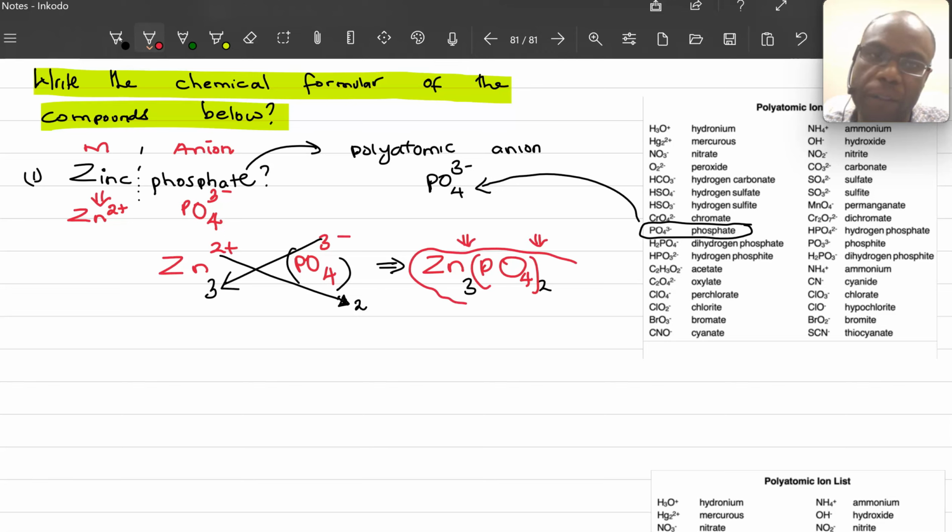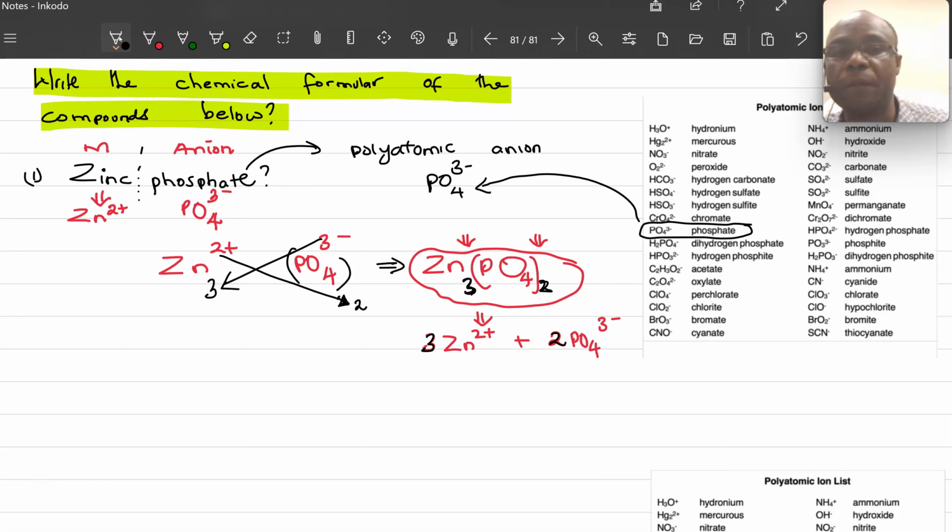Because we dropped them, this tells me that for this compound to form, we need 3 zinc 2 pluses and we need 2 phosphates. Those 3 came from down there, the 2 came from down there.